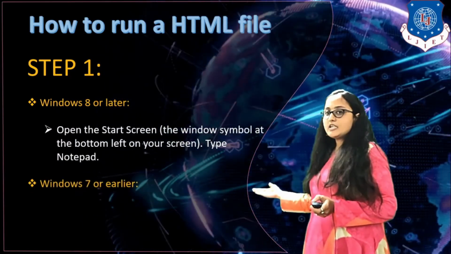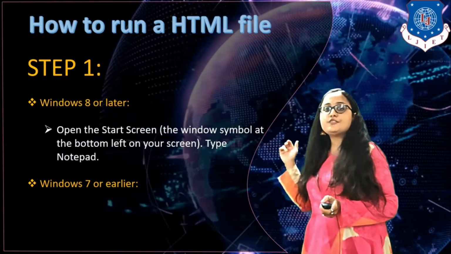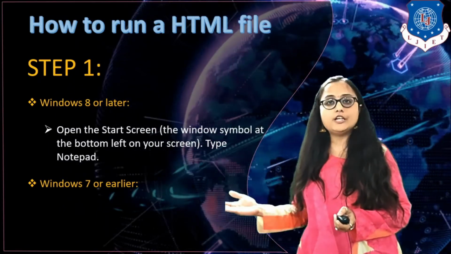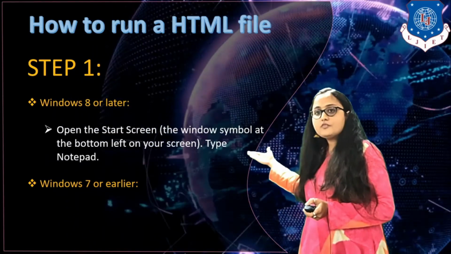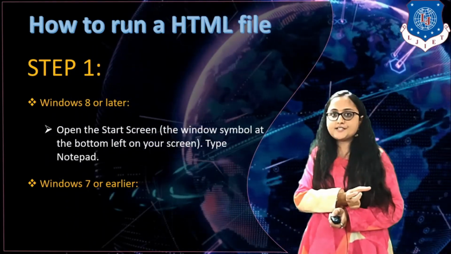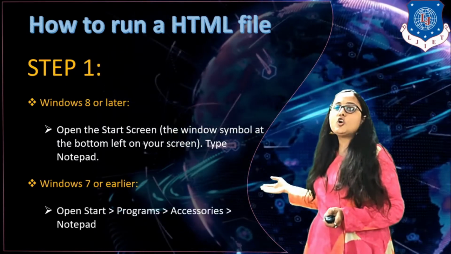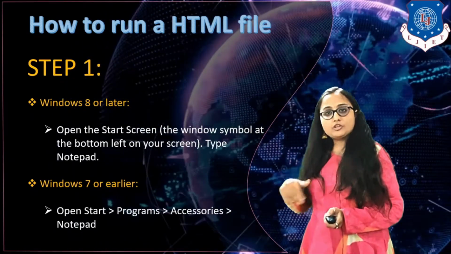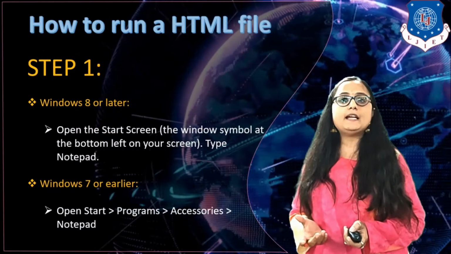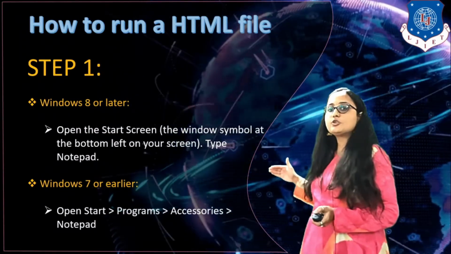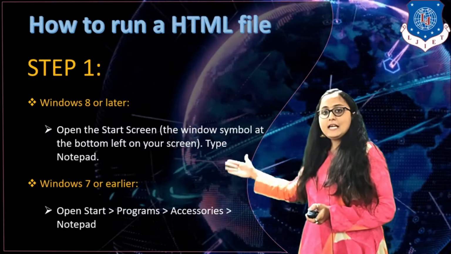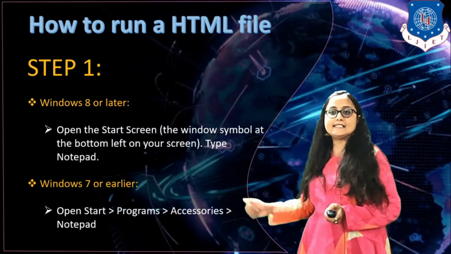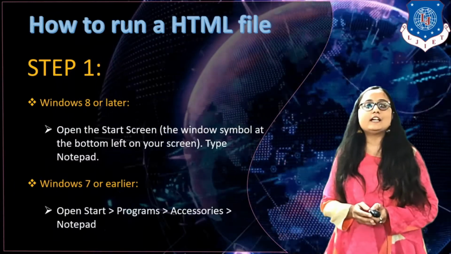The next thing is if you are using Windows 7 or an earlier version. The step 1 for Windows 8 or later was to open the start screen. But in Windows 7 or earlier, the method of starting notepad is a little bit different: you have to open start, then go to programs, then accessories, and in accessories you will get notepad.